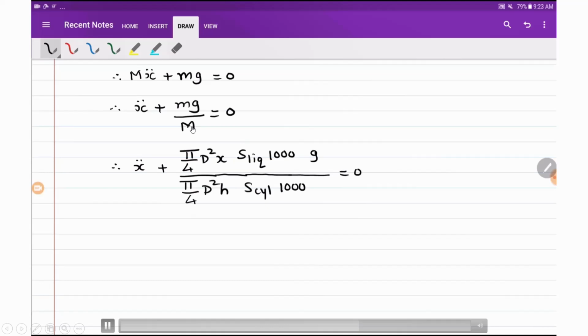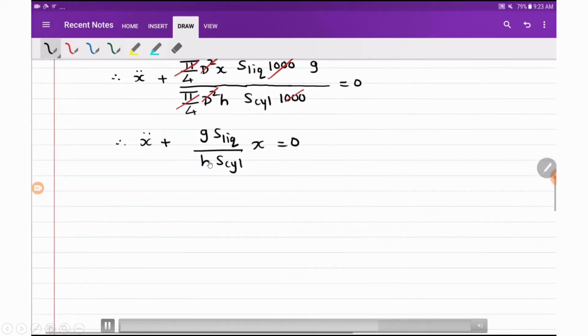This is the value of capital M which we have written in the denominator. So pi by 4 will get cancelled out, d square will get cancelled out, 1000 will also get cancelled out. So we are left with only g S liquid divided by H S cylinder, and x. So this is the final form of the equation of motion for the cylinder.